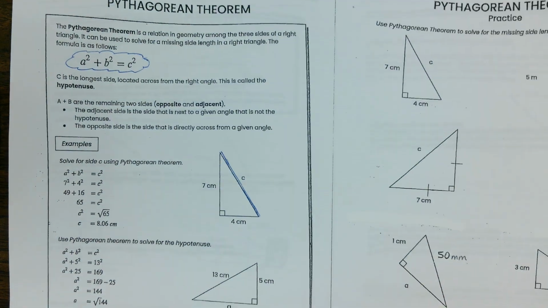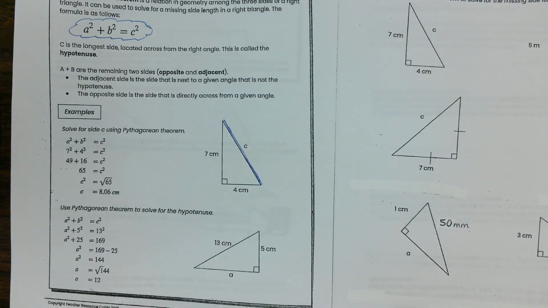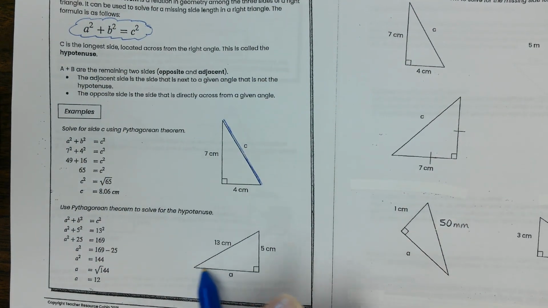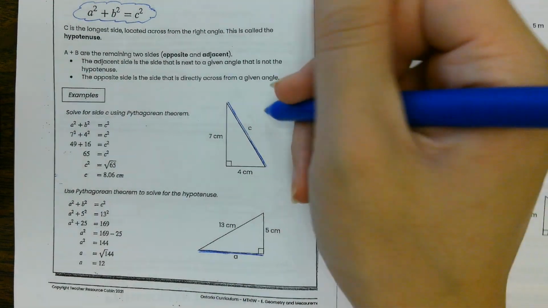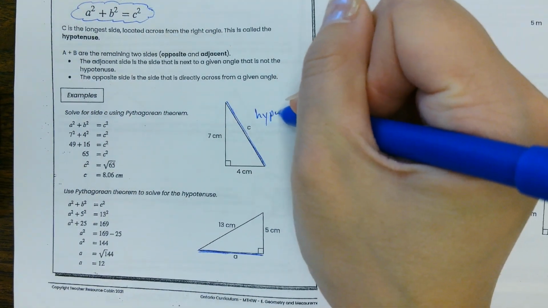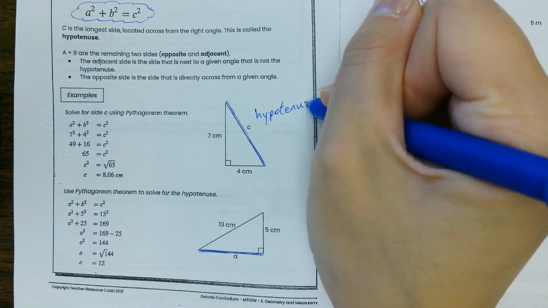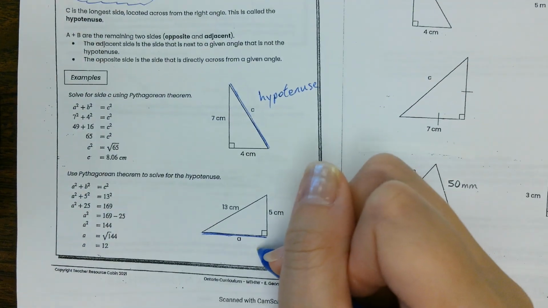If you want to find the shorter sides, the legs, these are called legs. I don't know why. This is called the hypotenuse.